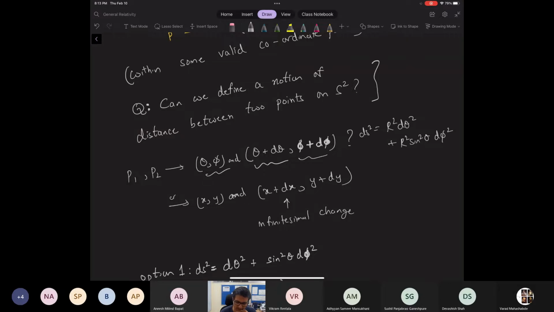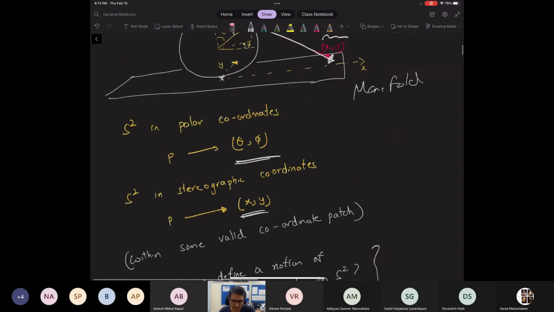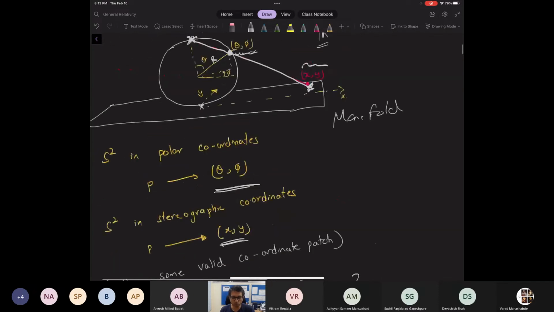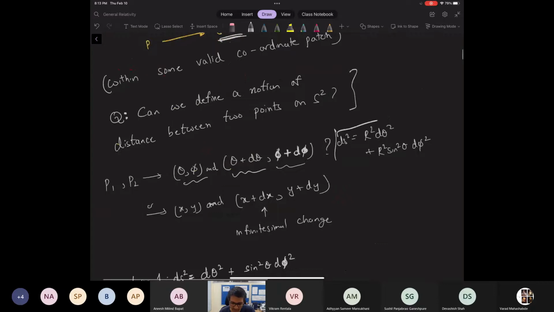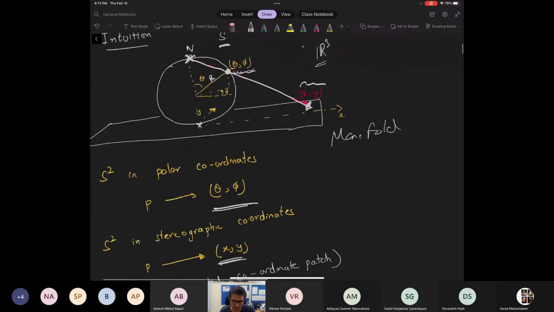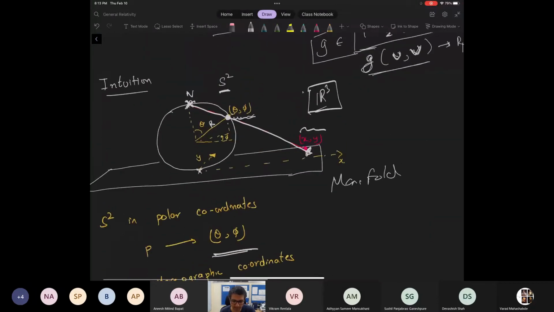This will be the distance between 2 such points on the sphere. But again, this is a choice of distance that you are getting from the fact that you have embedded this manifold in 3 dimensions. And in 3 dimensions, the distance between 2 points x, y, z and x prime, y prime, z prime is, we are assuming, Euclidean. That is, the distance looks like this.